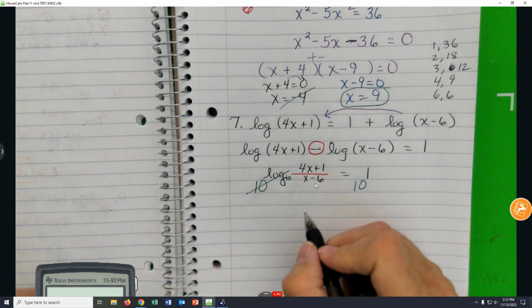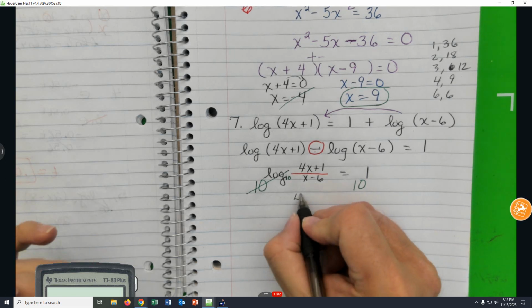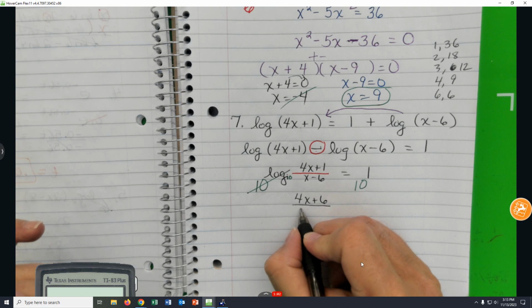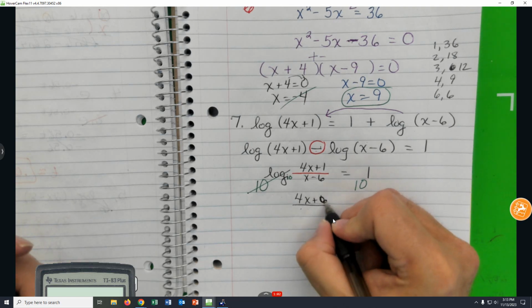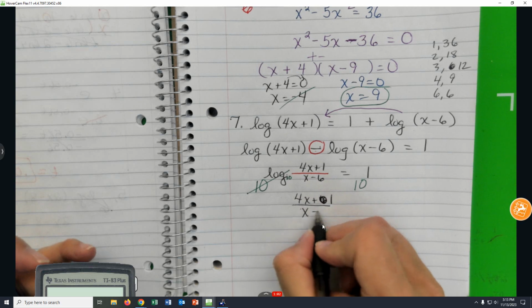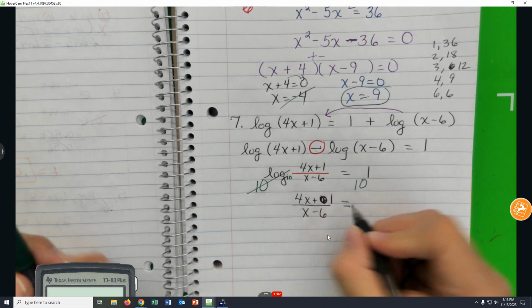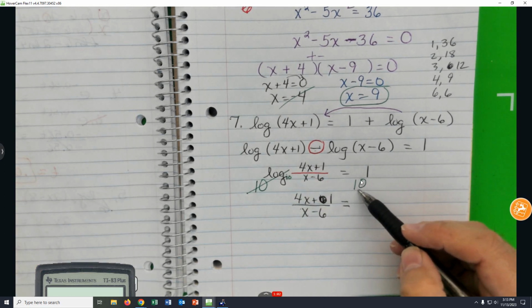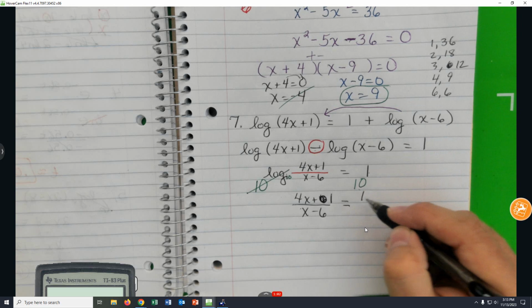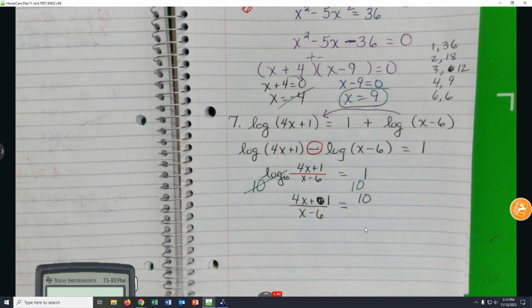So on the left side, all we have remaining is that fraction, 4x plus 1 over x minus 6. And on the right, 10 to the first power is a 10.